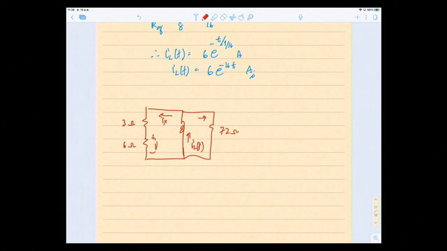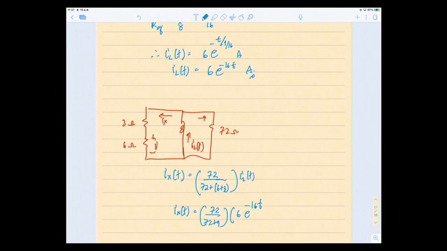So using current dividers, Ix of t would be equal to 72 over the sum of 72 and 6 and 3, multiplied by IL of t. Use your calculator, please. So Ix of t becomes 72 over 72 plus 9 times IL, which is 6 e to the minus 16 t amps.